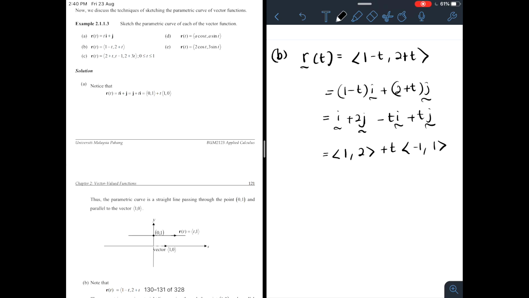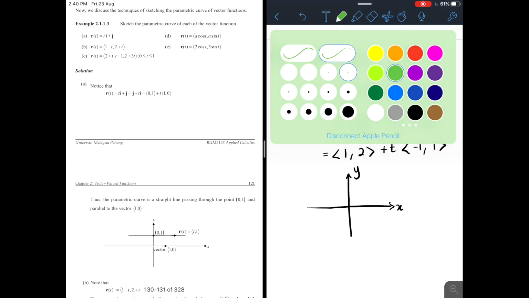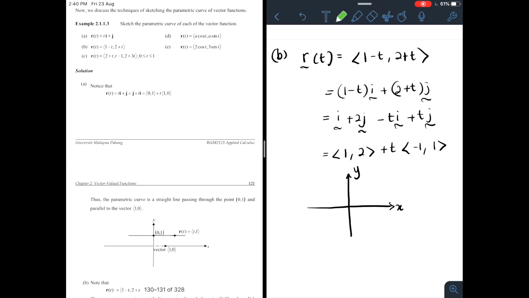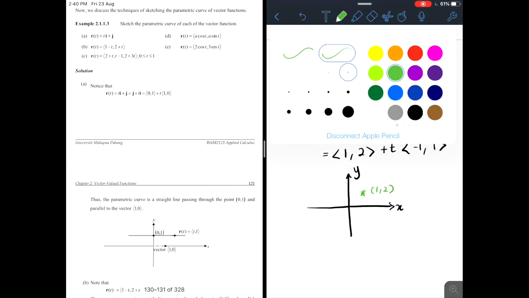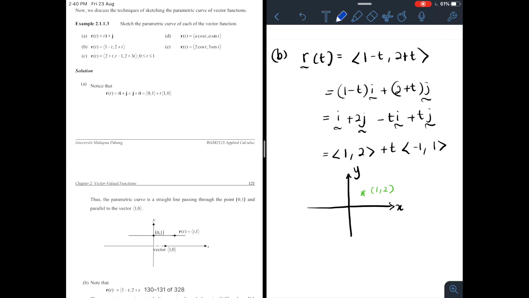In this case, the line will be passing through point (1, 2), and the vector on the line will be parallel to vector (negative 1, 1). So what should I do right now? I am going to sketch y versus x, and then locate point (1, 2), maybe somewhere over here.